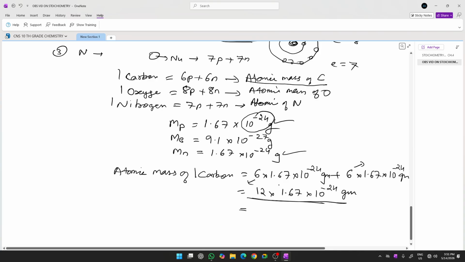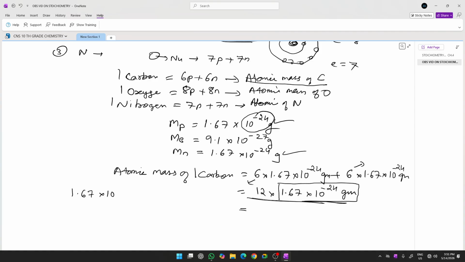Now, this particular quantity, 1.67 times 10 raised to minus 24 grams, is what in chemistry is known as 1 atomic mass unit, 1 AMU. Did you get me? This quantity is called 1 AMU.